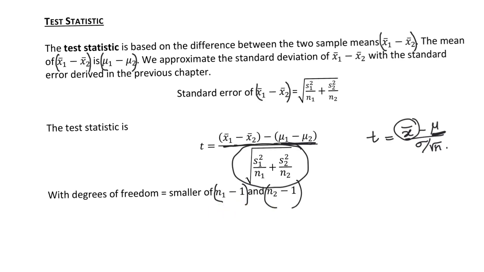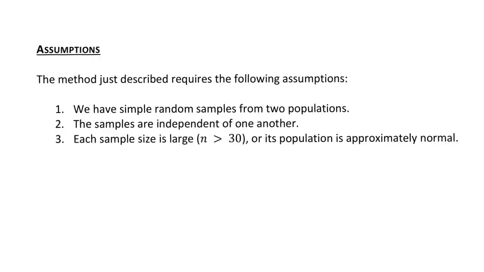The method described here requires certain assumptions. So let's look at the assumptions. We have a simple random sample from two populations. The samples are independent of one another. Each sample size is larger than 30 or the population is approximately normal.